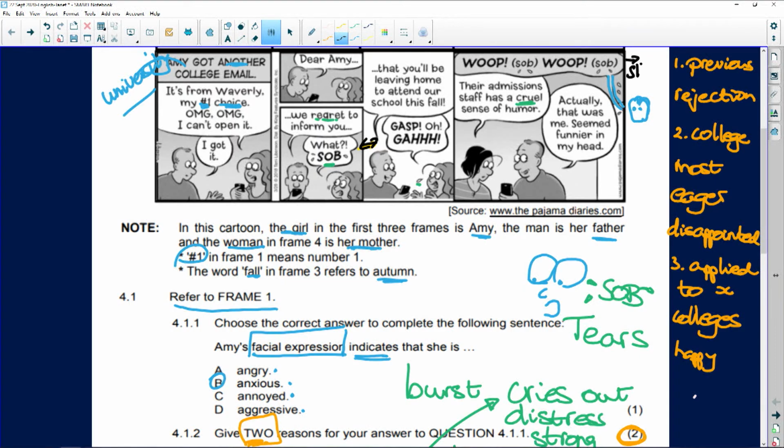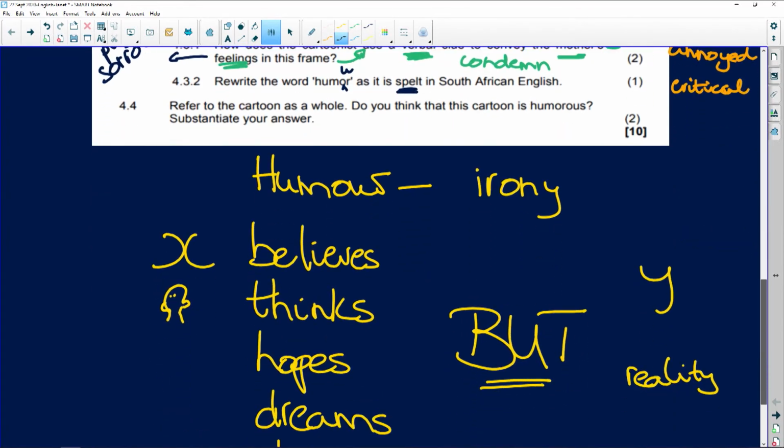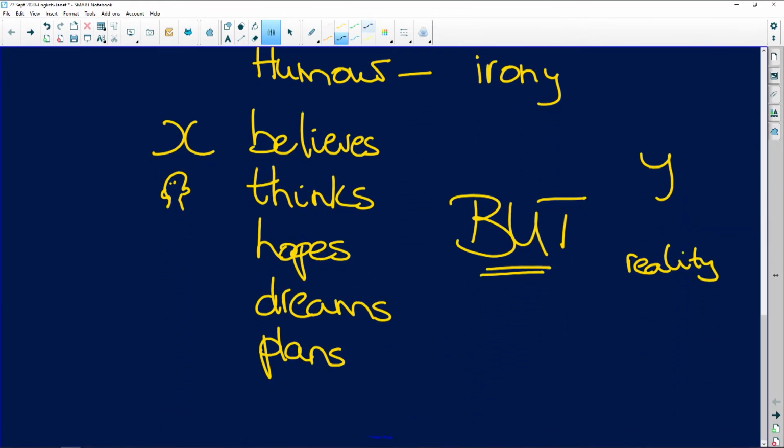She's crying, and the amount of air coming out is so much that she has to kind of suck it back in again. So even though she's been accepted, the shock is still so great here that she continues to cry. So it's ironic that she's left so distressed at the end of the cartoon, even though she's been accepted by the college she wanted.